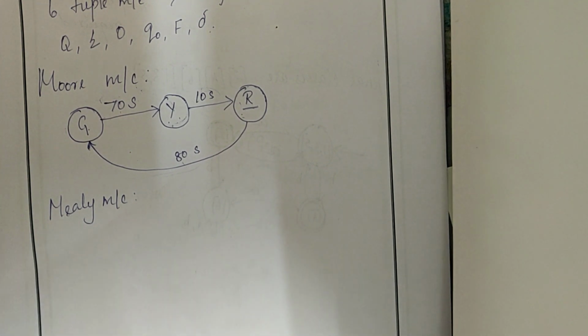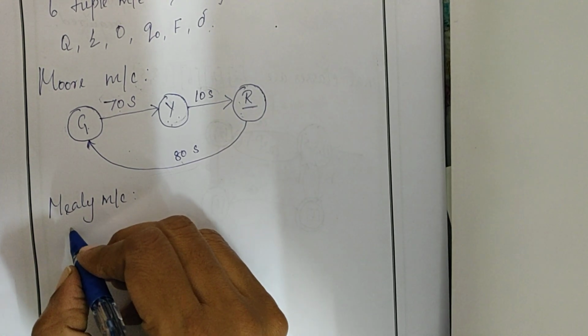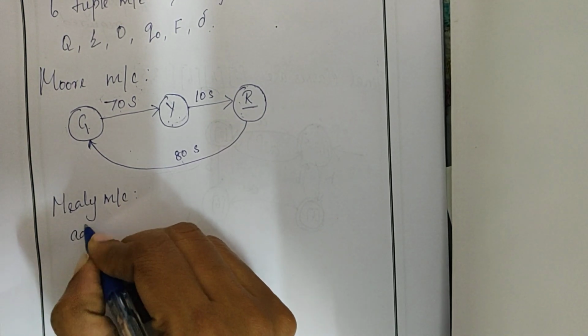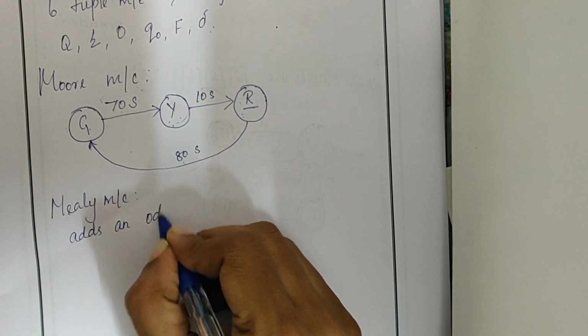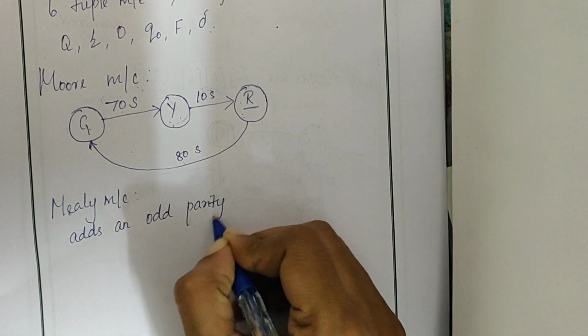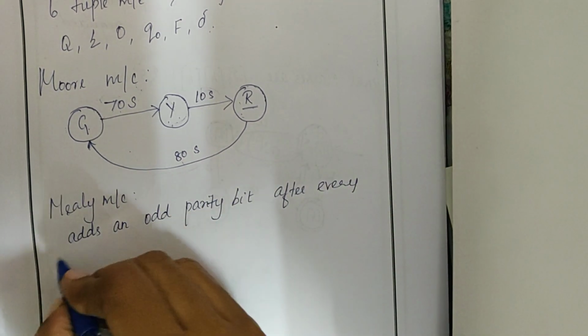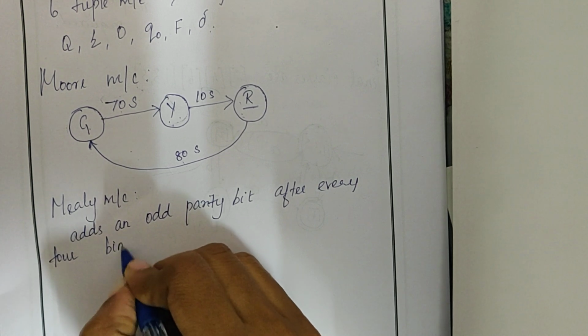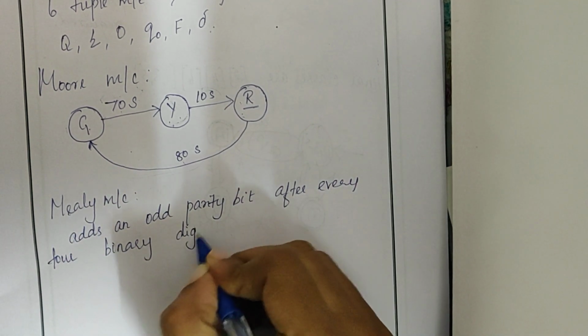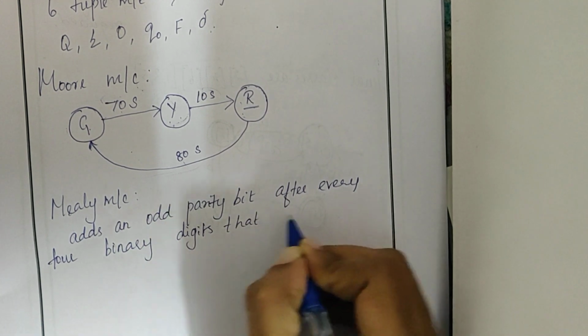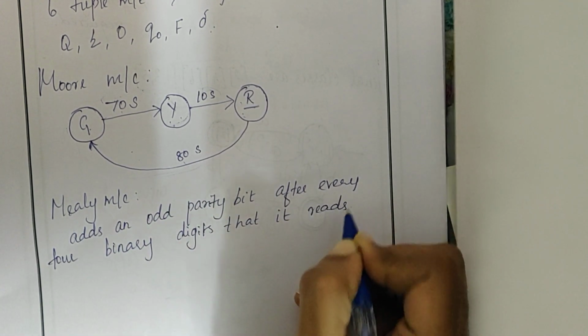So my question is, I have to design a Mealy machine which adds an odd parity bit after every 4 binary digits that it reads.